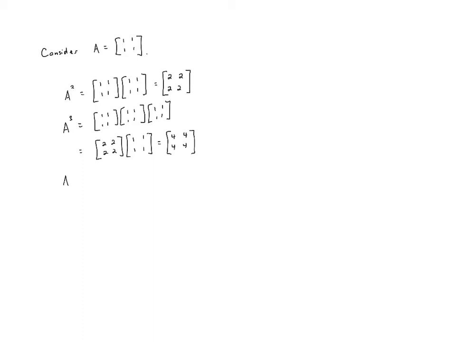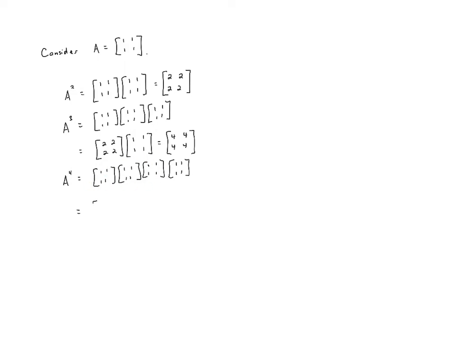Let's take a look at A to the 4th power. Here, this is going to be 1, 1, 1, 1 times 1, 1, 1, 1 times 1, 1, 1, 1 times 1, 1, 1, 1, all the ones. And we've already looked at the product of the first three.